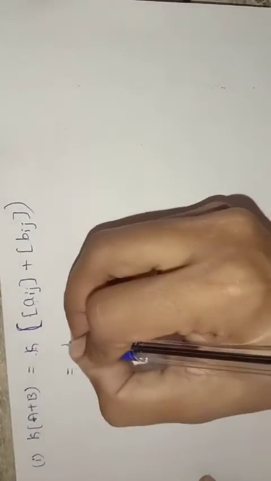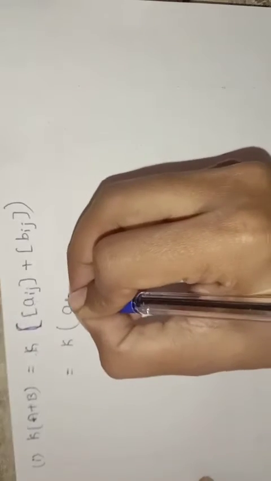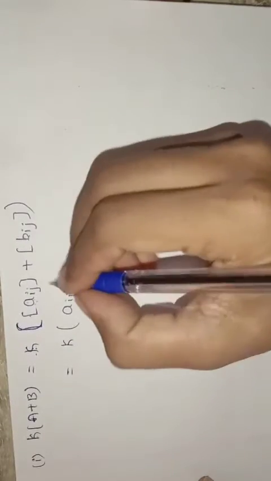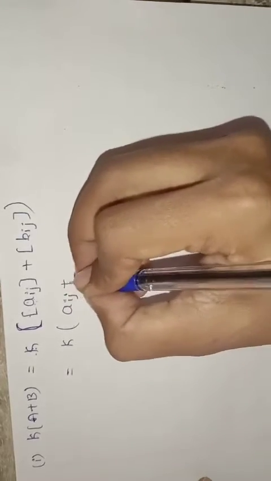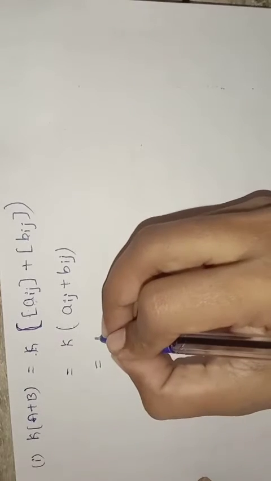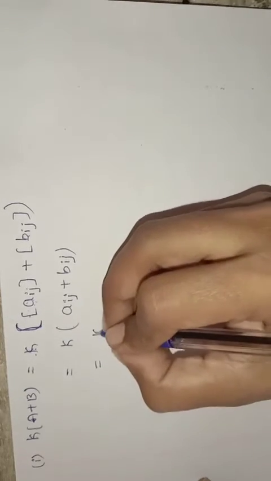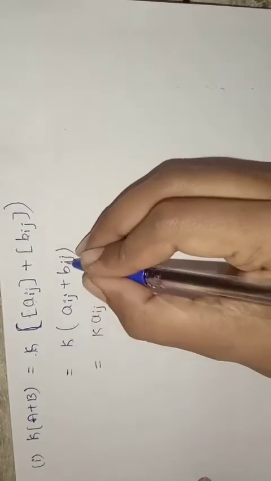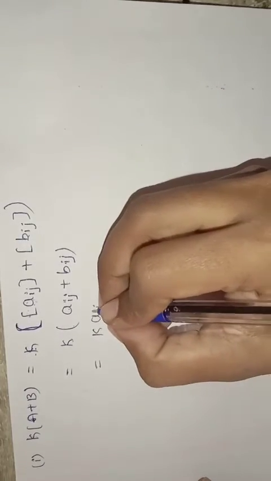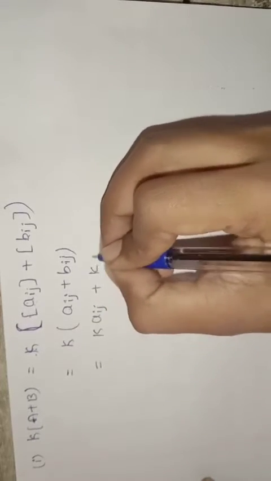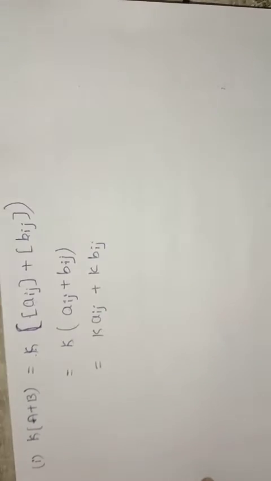For matrix addition, first I add the two matrices, adding the elements inside the matrices, aij plus bij. So that can be written as K into aij plus bij. K is multiplied to each element in each matrix, so K into aij plus K into bij.